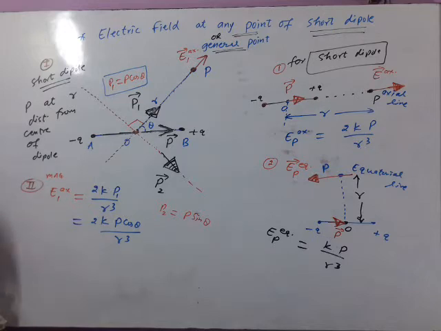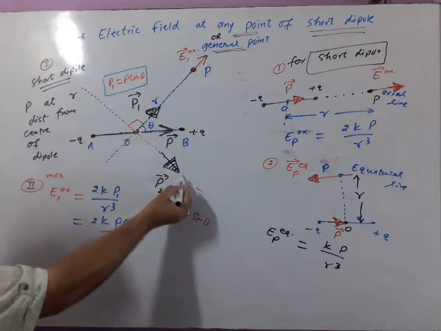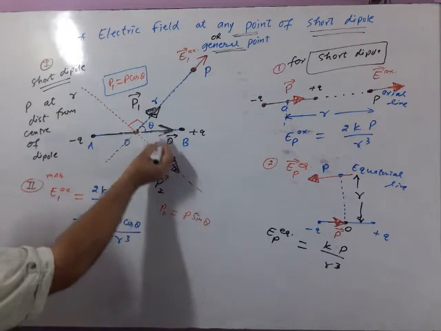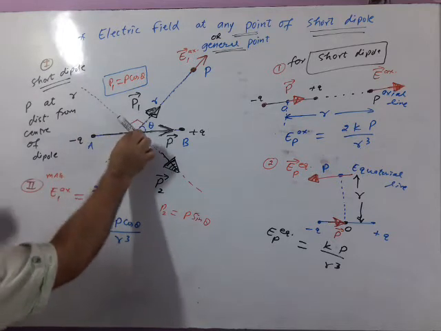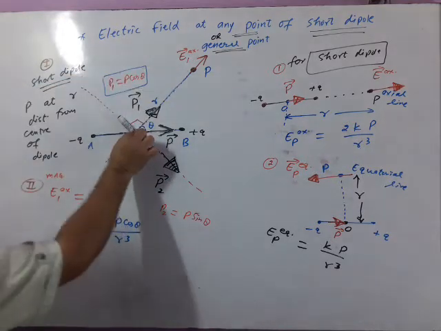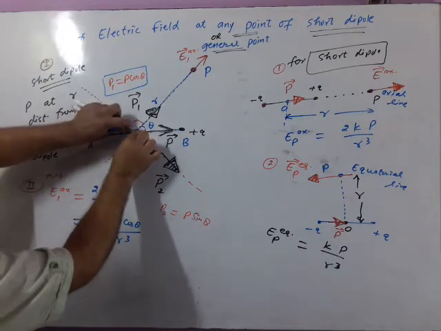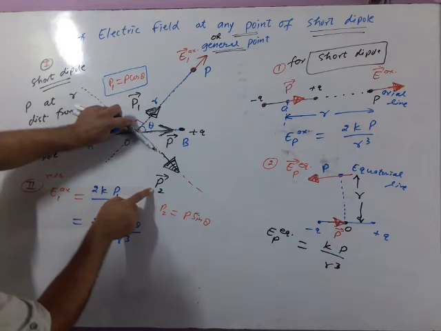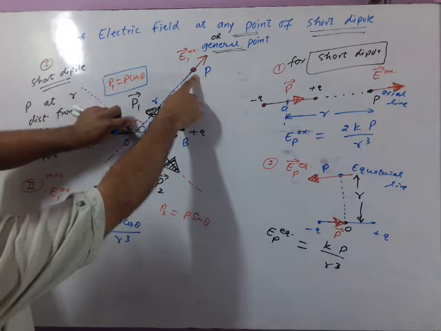Now focus on the second line, this one. Focus on this P2 vector. Now forget about the P vector, forget about P1. Just focus on this P2 vector line and the concerned point. You will see this is another dipole of dipole moment P2 vector and this point exists on the broadside-on equatorial line.